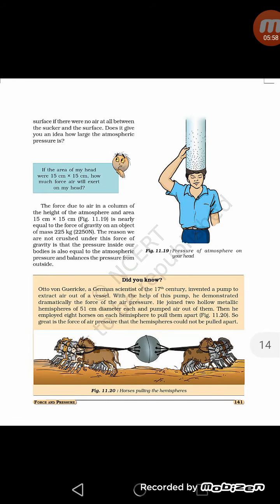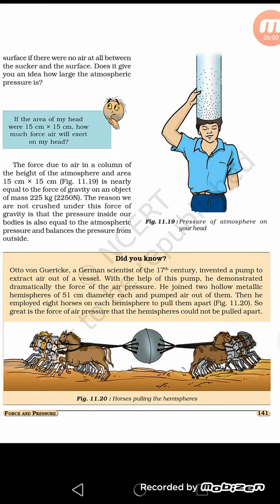Now this was an experiment which was done by Otto von Guericke. This was a German scientist. What he did, he took two identical metallic hemispheres with smooth edges. They could perfectly fit over each other without any gap. He put these two hemispheres together, and through a small outlet, he pumped out the air from inside, creating a vacuum.